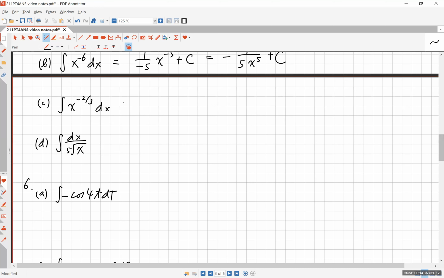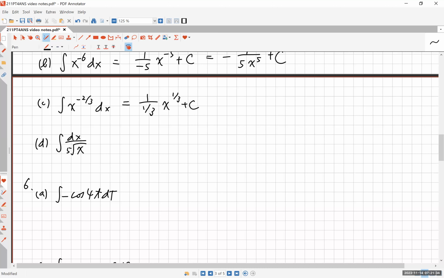The next one, what is 1 plus -2/3? That's 1/3, positive 1/3. So it's actually 1 over 1/3. You don't have to write it this way. And then what's next? It's x to the -2/3 plus 1, which is 1/3. So this is really what the answer is.